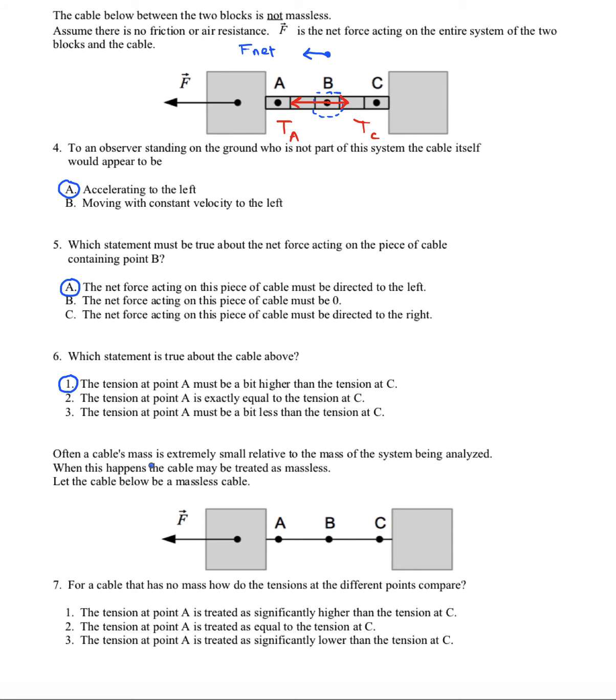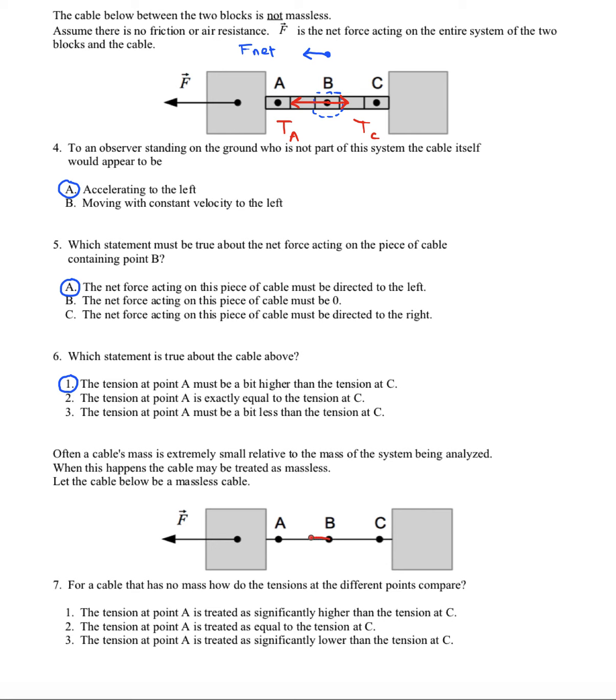However, oftentimes a cable's mass is extremely small relative to the mass of the system being analyzed. When that happens, we treat the cable as massless. Let the cable below be a massless cable. For a cable of no mass, how do the tensions at the different points compare? So if you don't have mass, then a net force is not required to achieve acceleration.